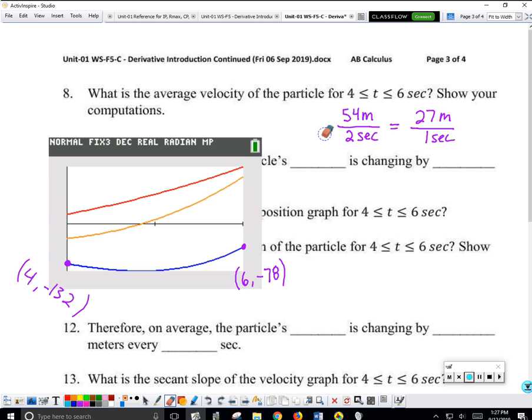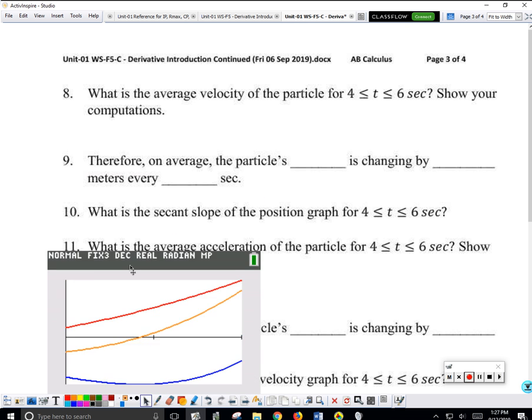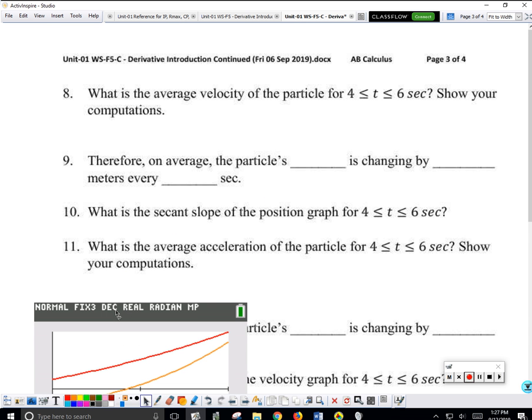So, does that make sense? This confused some people. It says, what is the secant slope of the position graph?